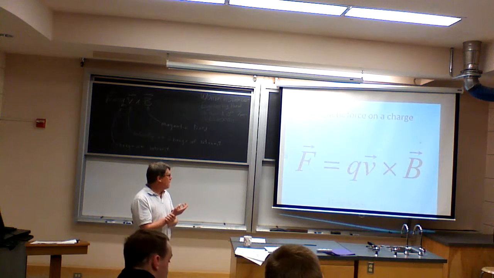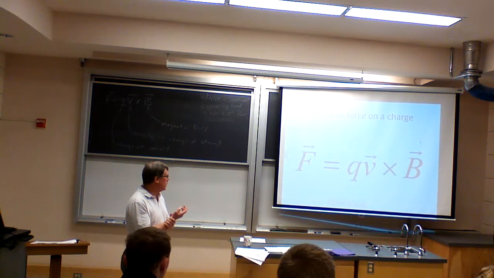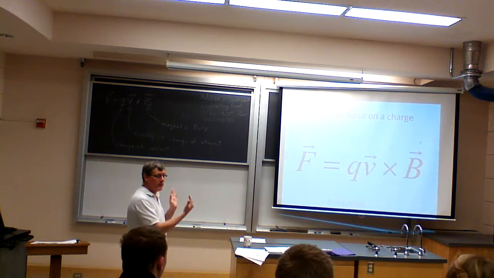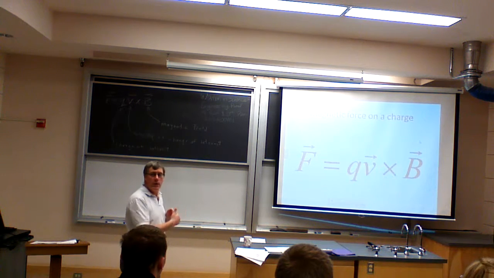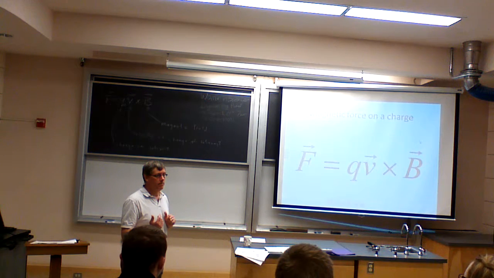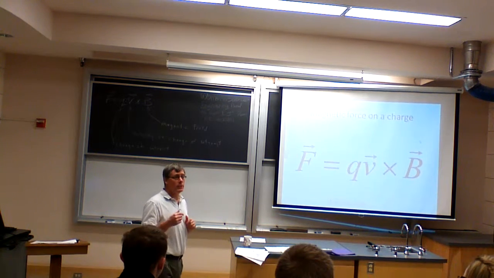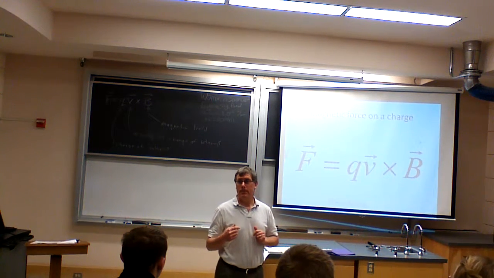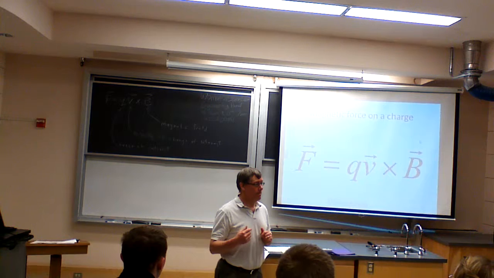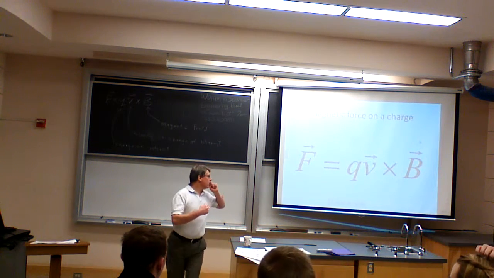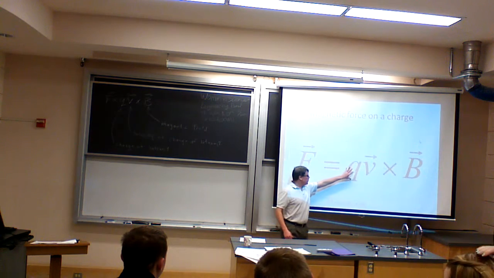If I have a positive charge and a negative charge, both moving through the same magnetic field and they're both moving in the same direction, is the force on those two objects the same? Is the magnitude of the force the same? Is the direction the same? No. You have to remember that this has a charge.